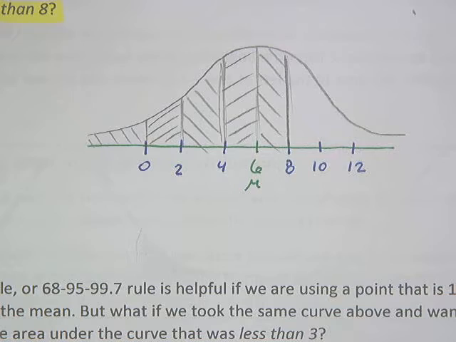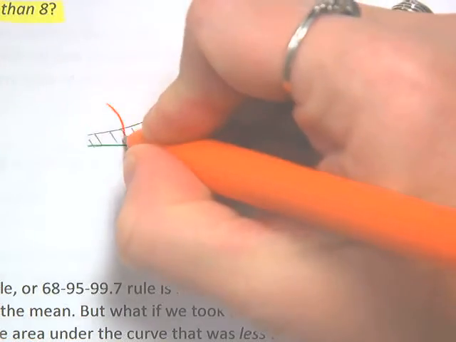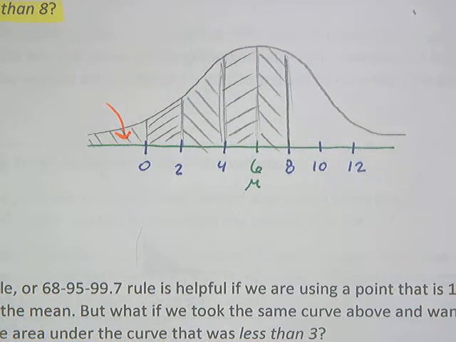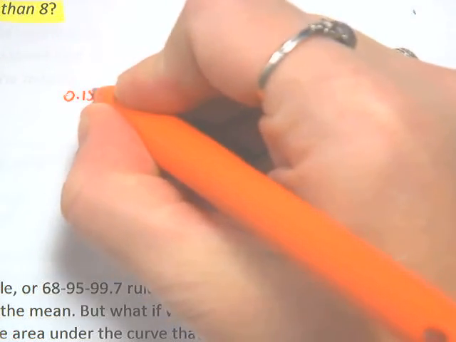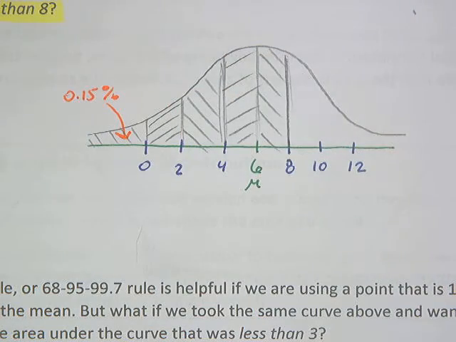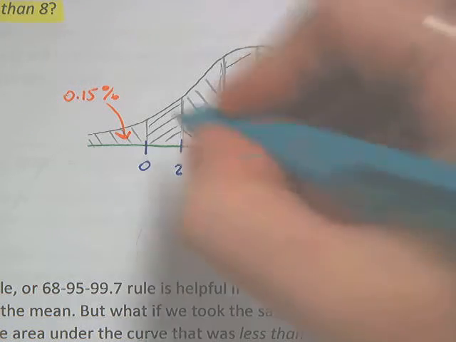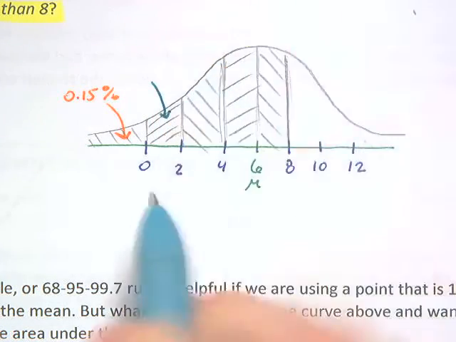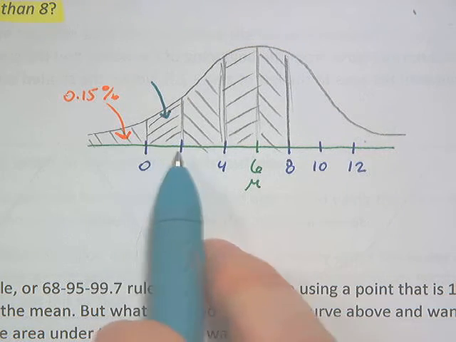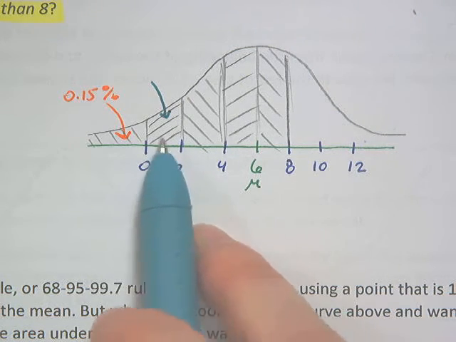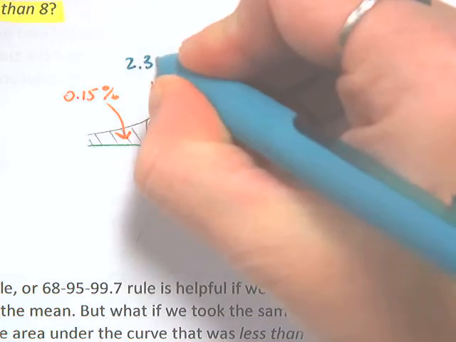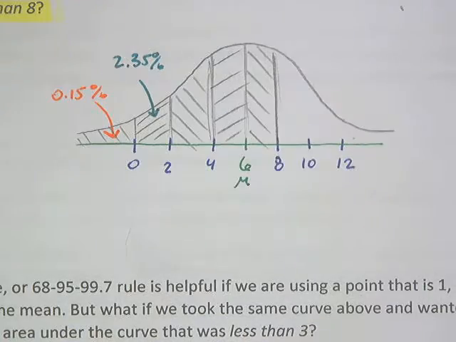It's been a while since I've seen you, but each little tail beyond 3 standard deviations from the mean has 0.15% of the area under the curve in that section right there. Does anybody remember what percent is between 2 and 3 standard deviations from the mean? 2.35%, good.